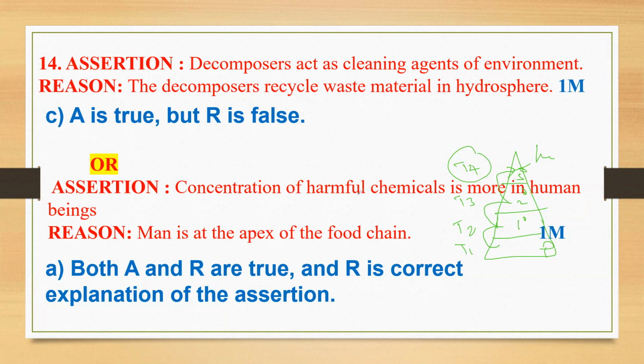That's why the first statement is correct, and the reason is also a correct explanation for the assertion. Biomagnification leads to the accumulation of more chemicals in higher trophic levels. Understood? We'll see the next one.